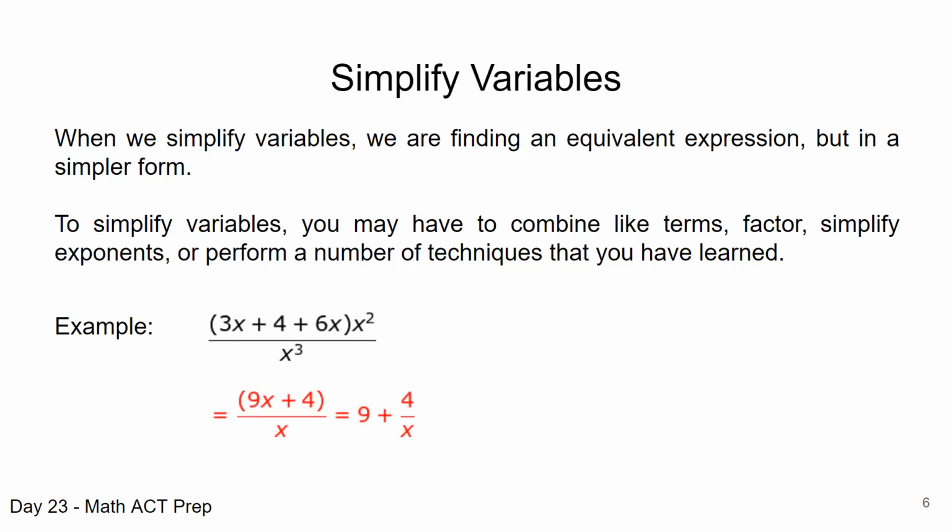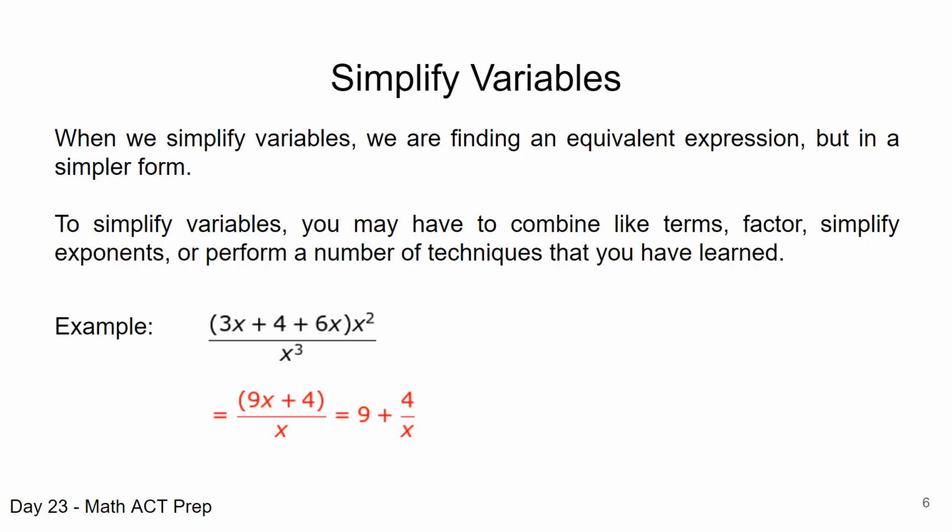If you'll remember, when you're dividing with exponents, we subtract the exponents, and that's how we get the x squared subtracts out from the x to the third, and we're left with x to the first really in the denominator. We combined the 3x plus the 6x to give us 9x. And the answer 9x plus 4 over x is a simplified answer.